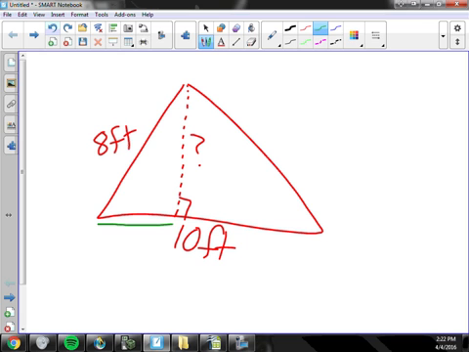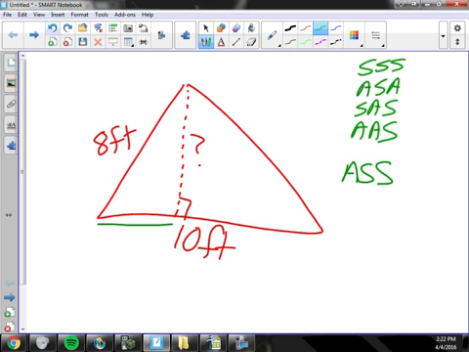Side, side, angle doesn't work. That's Casey's favorite. Okay? There are 4 of them. Side, side, side; side, angle, side; angle, side, angle; and angle, angle, side. This is Casey's favorite. We'll just leave that up for all posterity to watch this video. We'll refer to that as Casey's theorem.